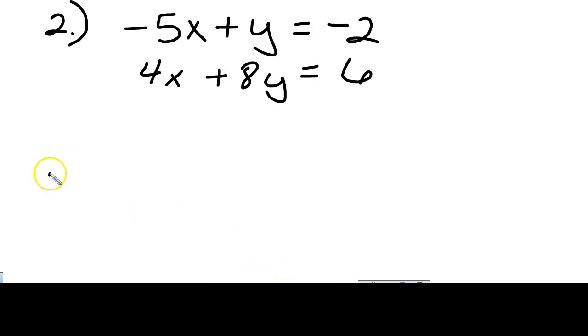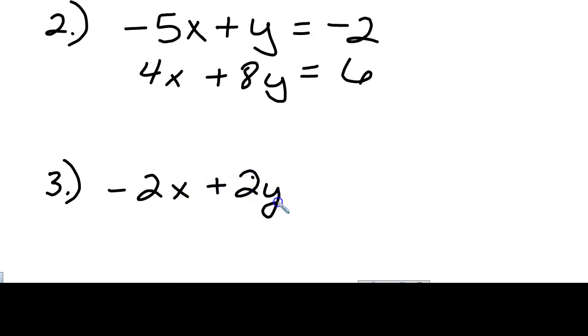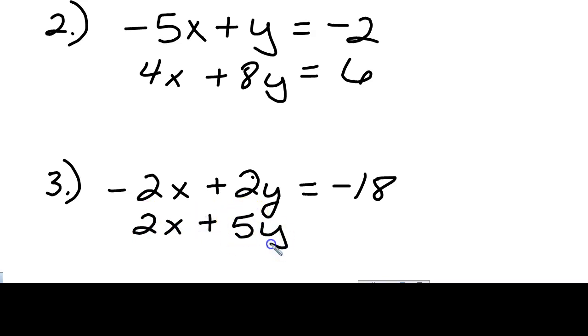All right. The third one I want you to try is negative 2x plus 2y equals negative 18. And then the second linear equation in this system is 2x plus 5y equals 4.